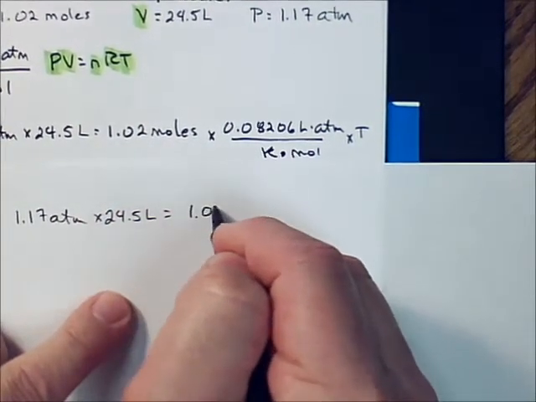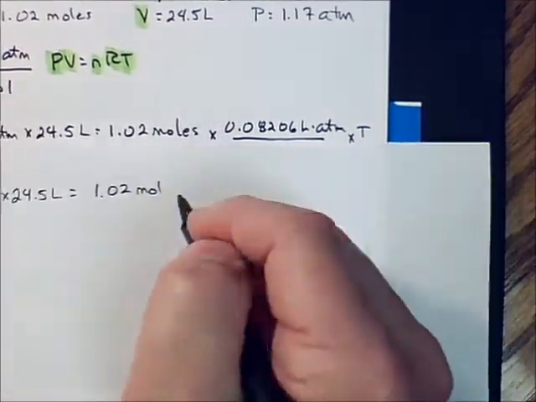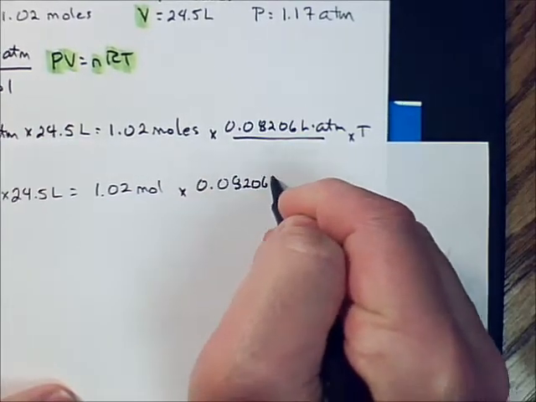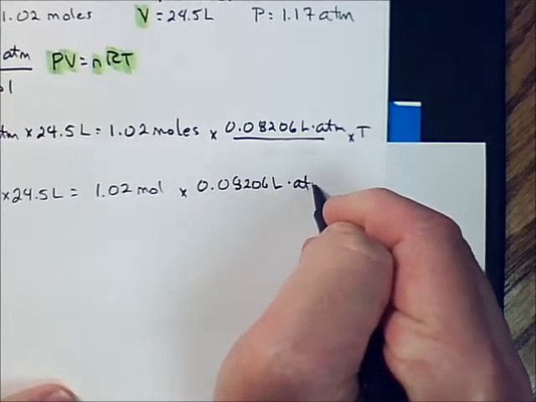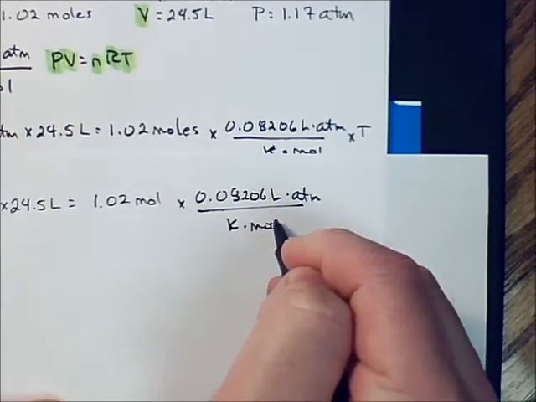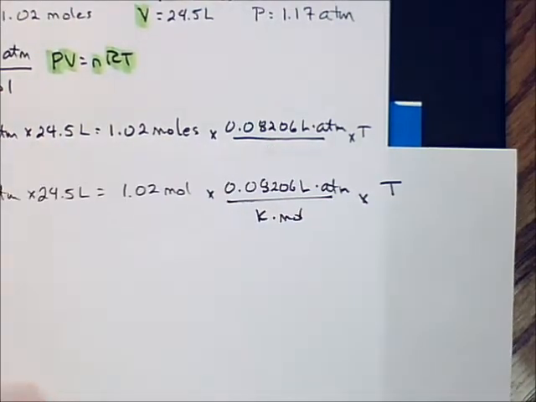Then I've got 1.02 moles, and multiplying that times 0.08206 liters times atmospheres divided by Kelvin times moles, and then we're multiplying that times a temperature.